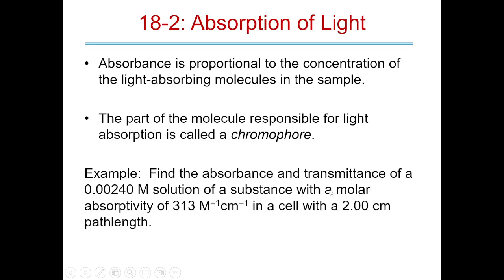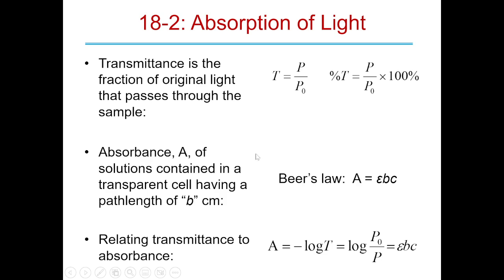It's the epsilon, that little E thing. Okay. And this path length is 2 centimeters, which by the way is very unusual. Most path lengths are 1 centimeter. So the equation's easier, right? Notice the centimeters canceled, the molarity canceled. You're left here with your absorbance. Okay?